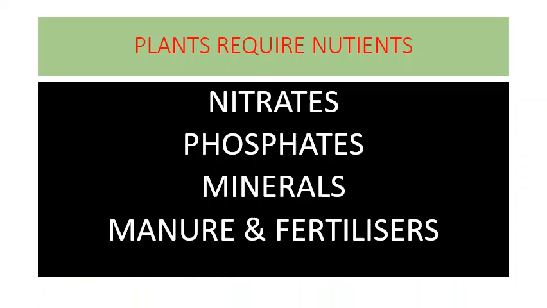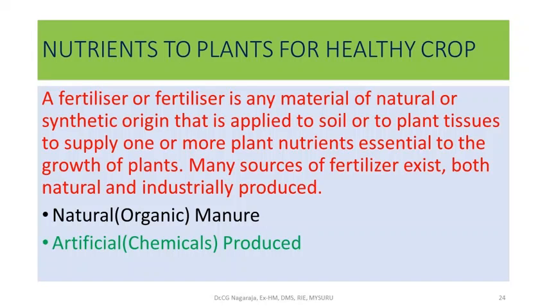Be careful about it. Plants require additional food because growing plants require nitrates, phosphates and minerals, and these are supplied in the form of manure and fertilizers. A fertilizer may be natural or artificial.